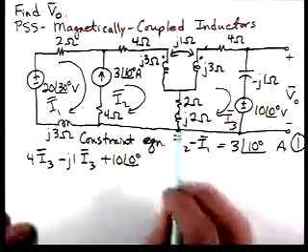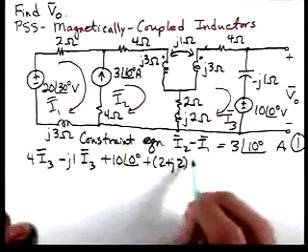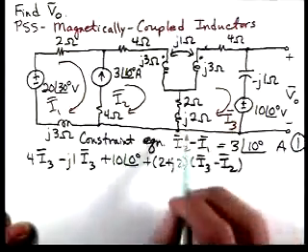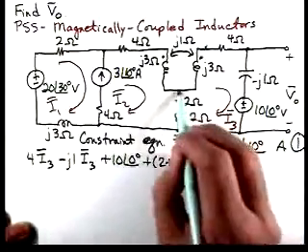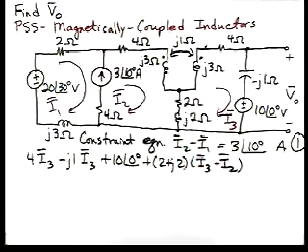And as we come on around, we'll have a term 2 plus J2 times I3 minus I2, and that's because I3 minus I2 flows through those two impedances.